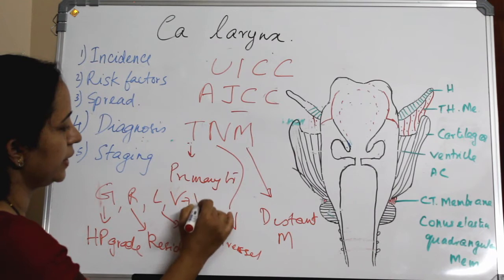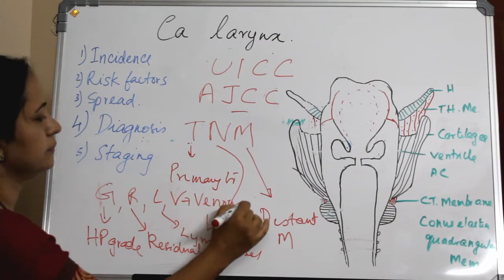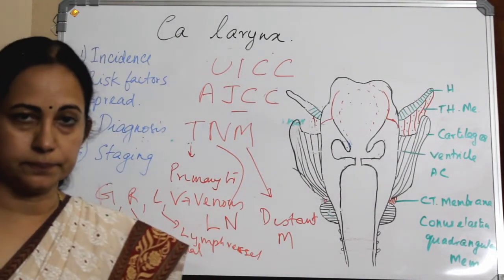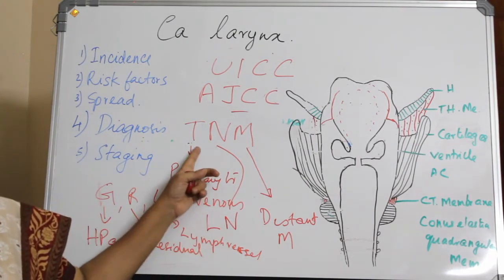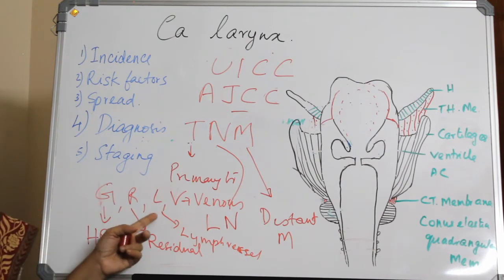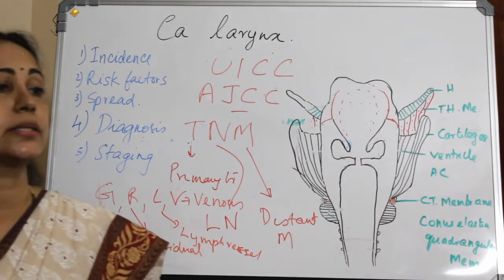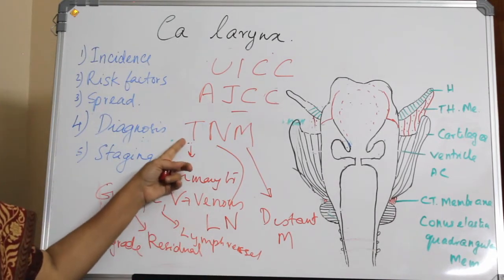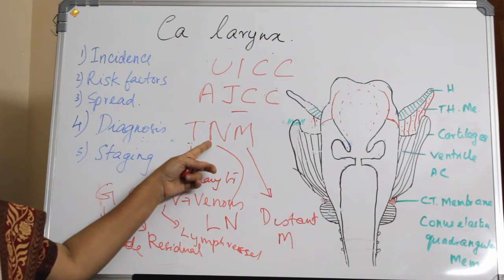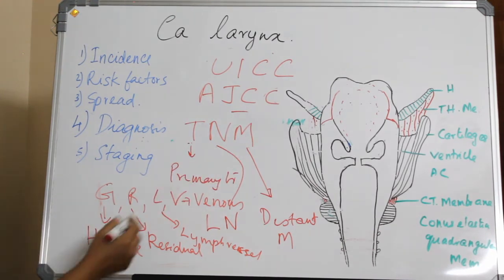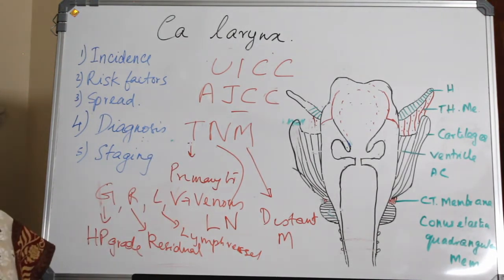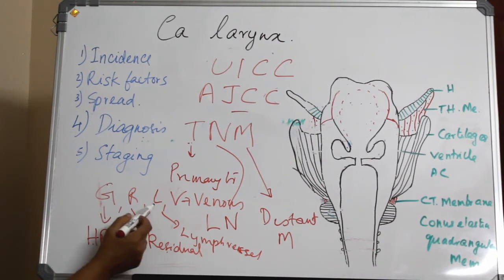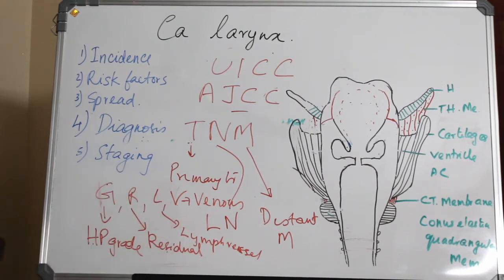And V is venous invasion. So for an internationally accepted classification, we can go with the TNM, but G, R, L and V also help in predicting the overall prognosis or survival of the patient. So it is the primary tumor, nodal metastasis and distal metastasis combined by clinical as well as radiological evaluation, and histopathological grading, residual lesions, lymph vessel invasion and venous invasion.